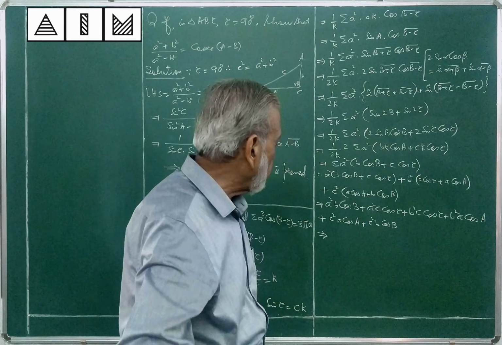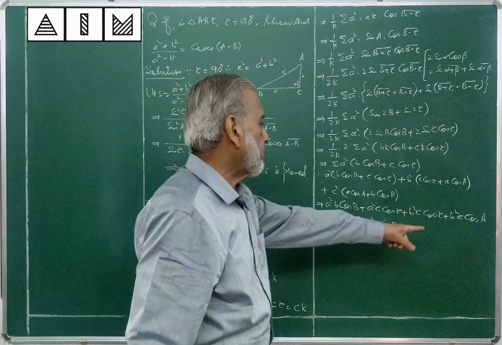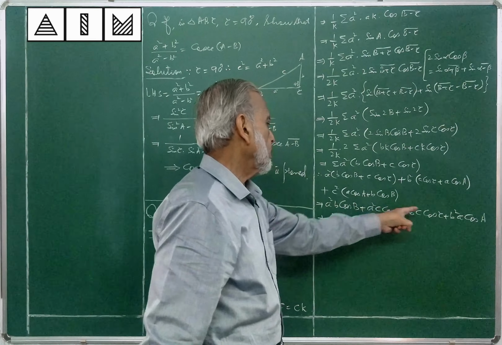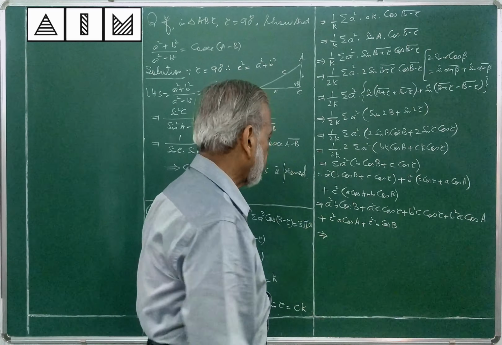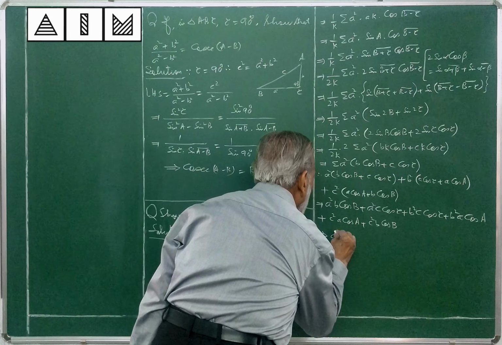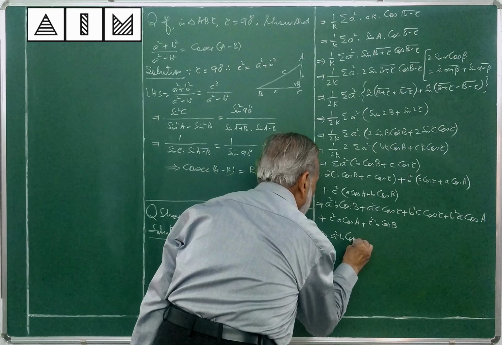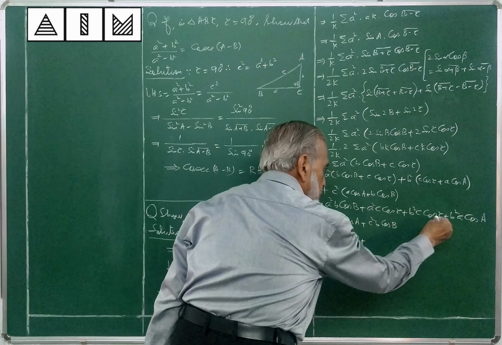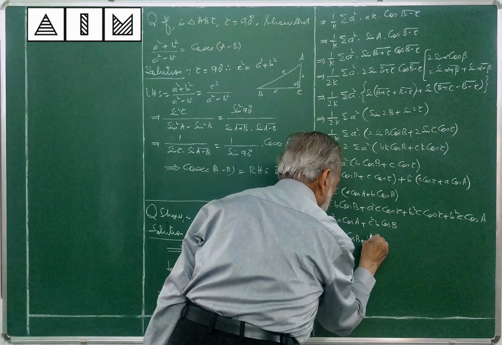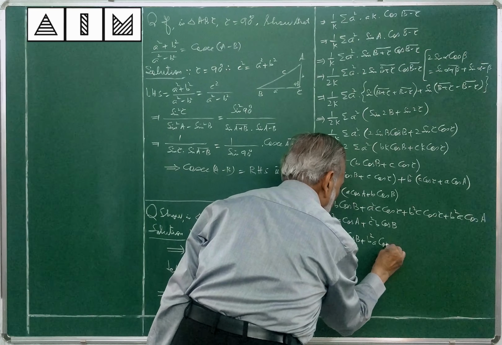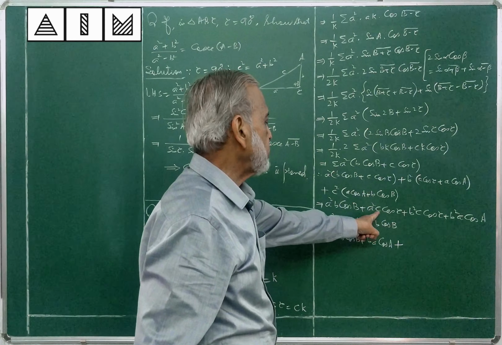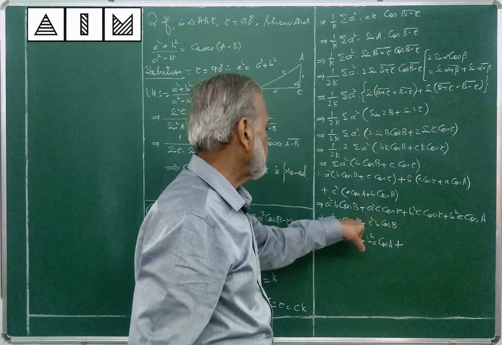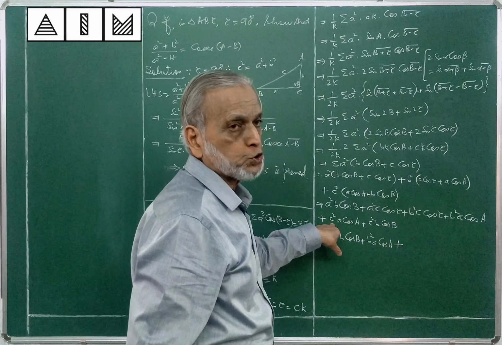Combining the terms suitably, a square b is here, b square a is here. I will group these two terms suitably. A square b cos B plus b square a cos A. A square c here, c square a here. Suitably I am grouping these two.